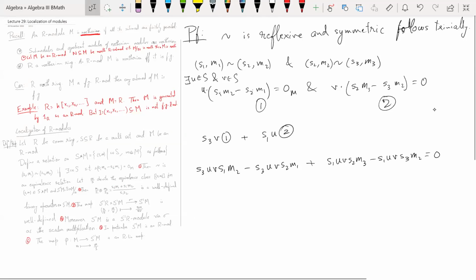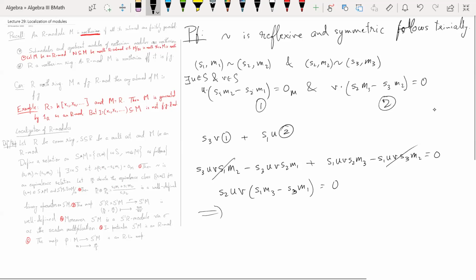And then hopefully this M2 term will get cancelled out. So the first and the last term are same. So you cancel it out and you factor out whatever you can. In this case, you can factor out S2UV times (S1M3 minus S3M1) equals 0.